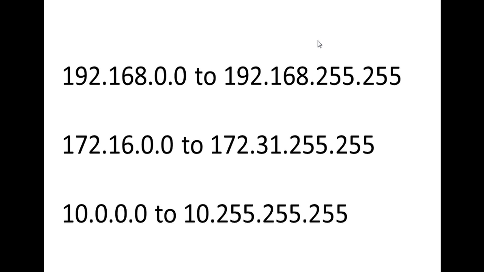So for example, if a router outside a network sees a packet that has a private IP address as its source or its destination IP address, it would discard that packet because private IP addresses, as we said, are non-routable. And IP addresses outside these 3 ranges are considered public IP addresses, which are routable in or outside any network and on the internet.